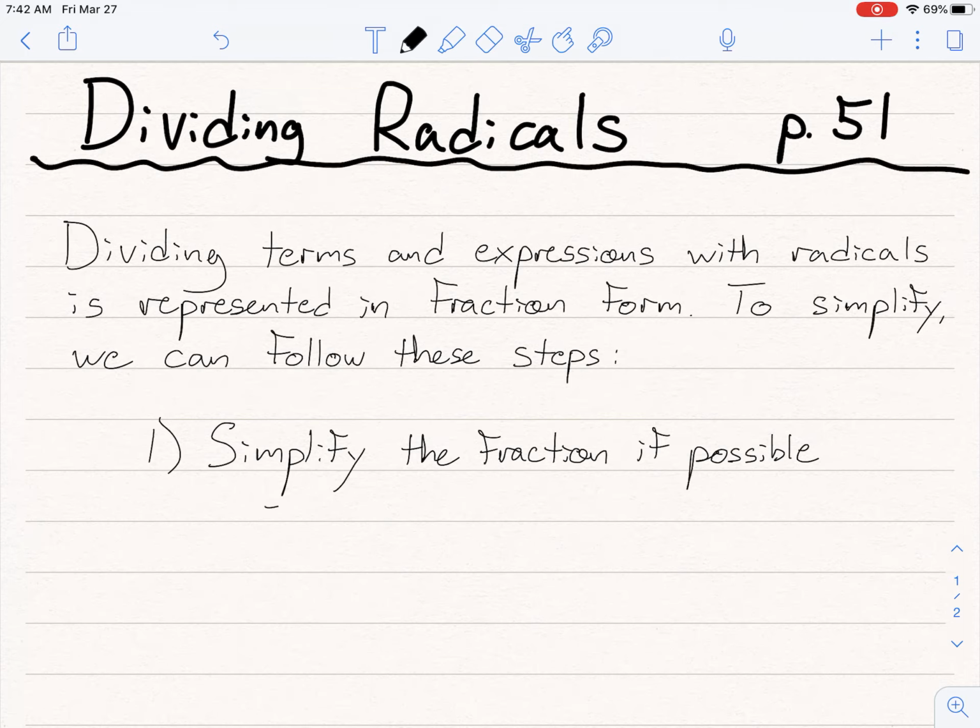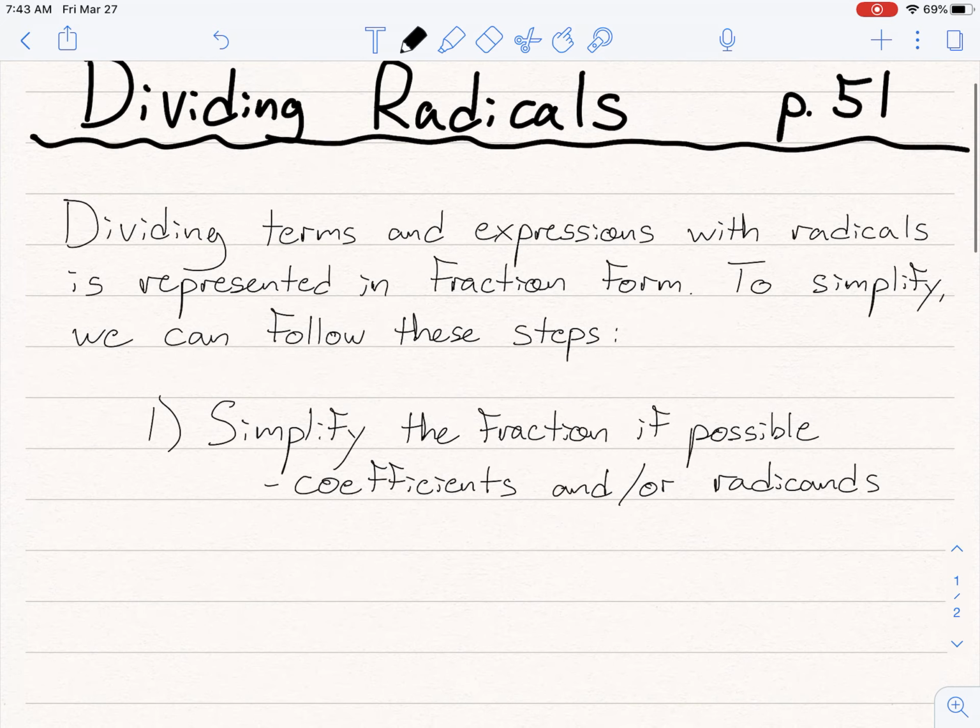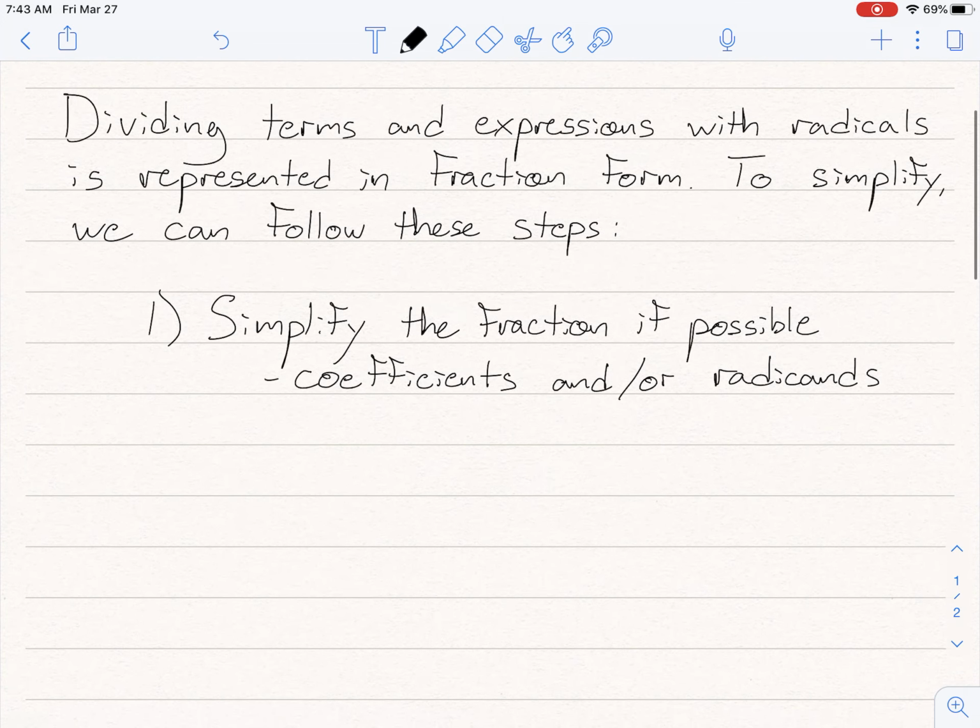This means that we could simplify coefficients and/or the radicands. So we could either simplify the terms that are in front of the radicals, or we could simplify within the radicals themselves. And I'll show you what that looks like.